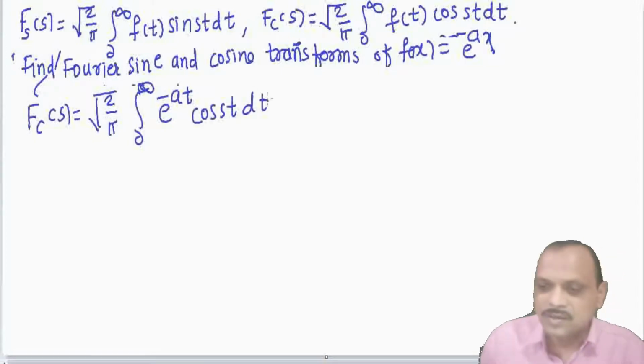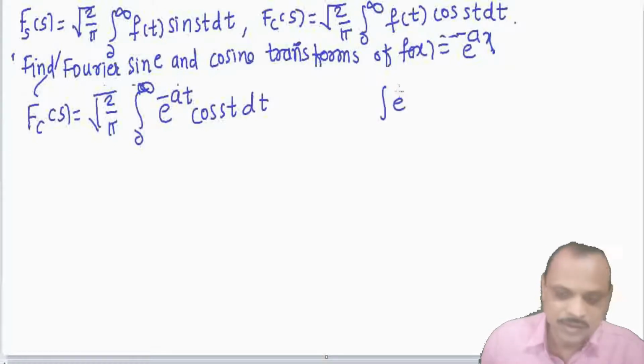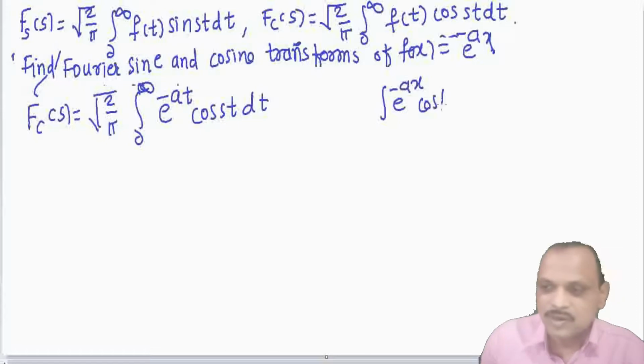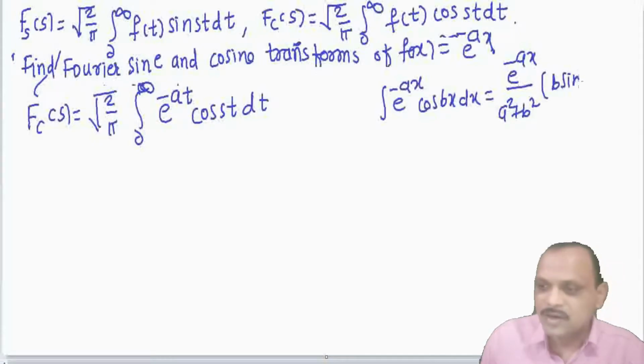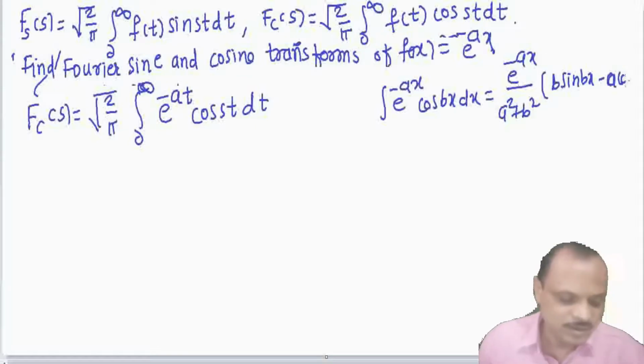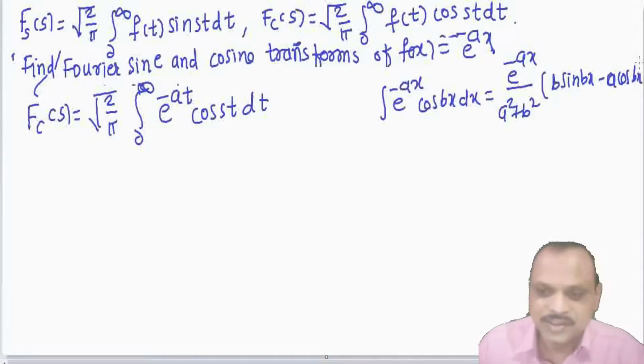Or you can directly apply this formula: the integral of e raised to minus ax into cos bx dx equals e raised to minus ax divided by a square plus b square into b sin bx minus a cos bx. This is the formula for integration.